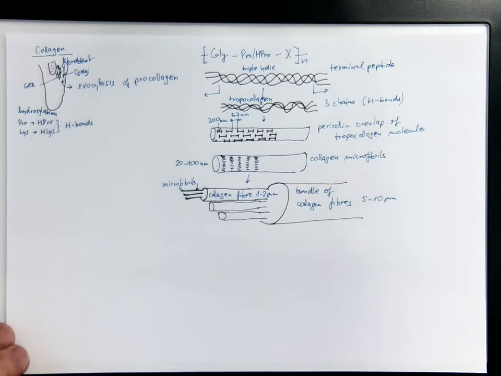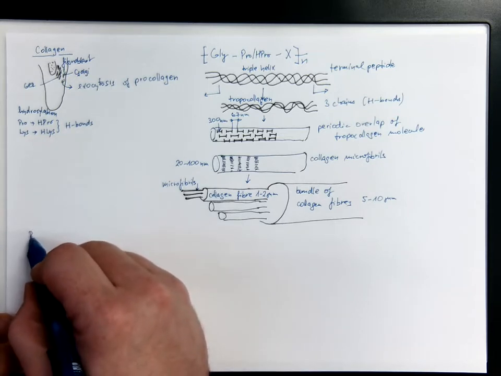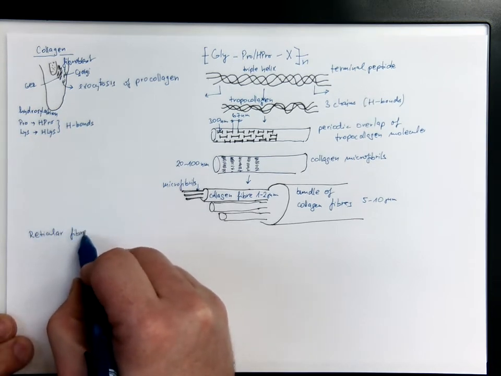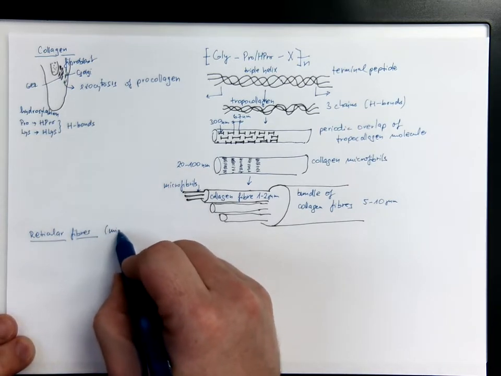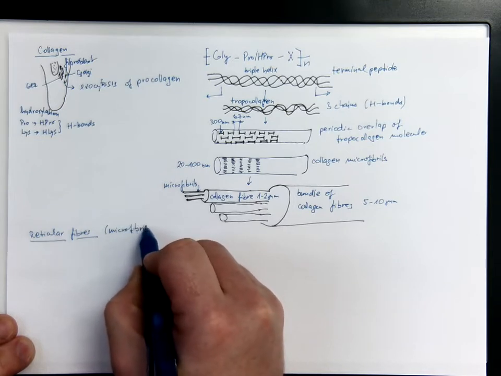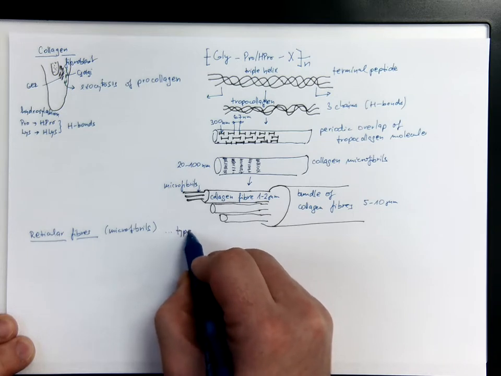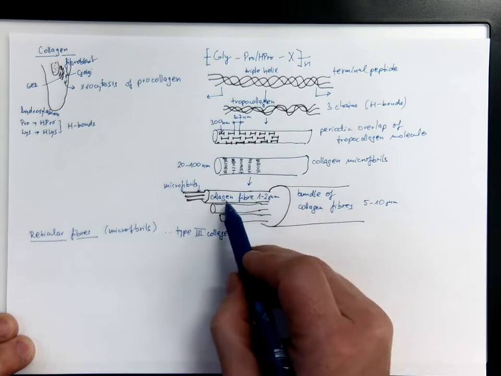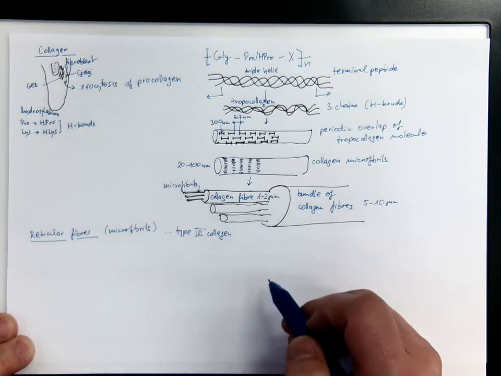Another type of fibers you can find frequently in connective tissues are the reticular fibers, or reticular microfibrils, because they are technically made of type 3 collagen that does not have this tendency to group into large and thick fibers and bundles.